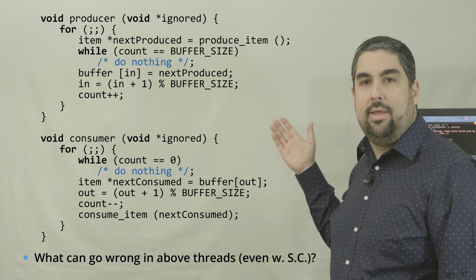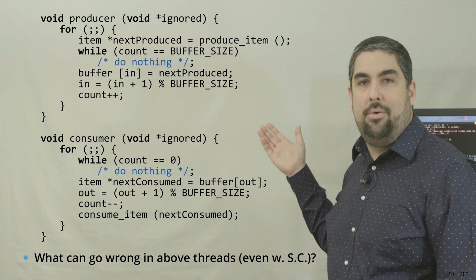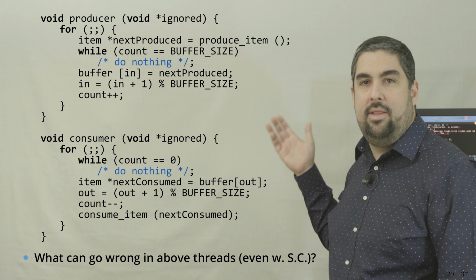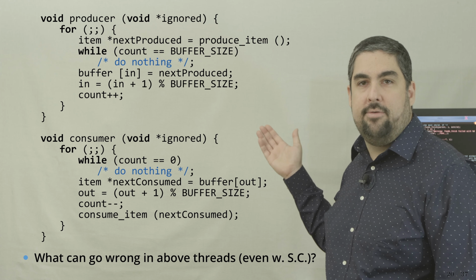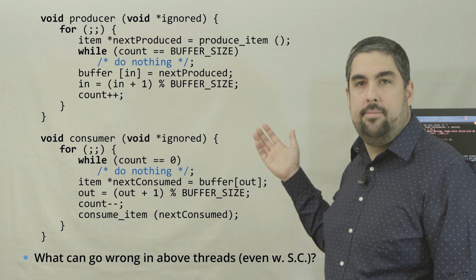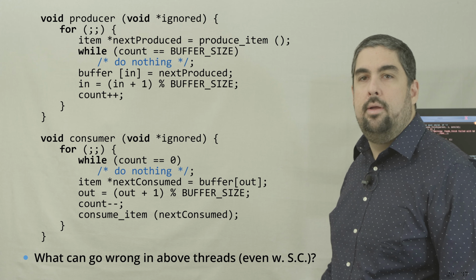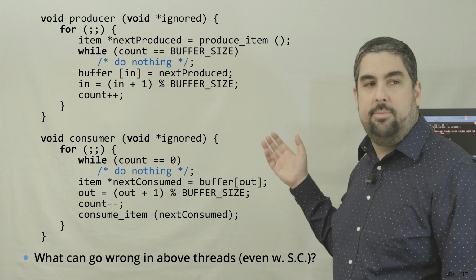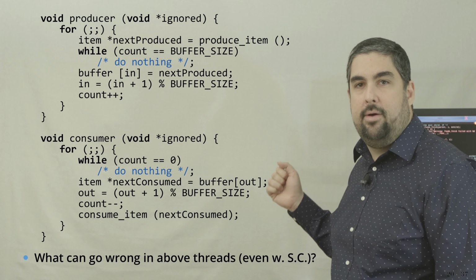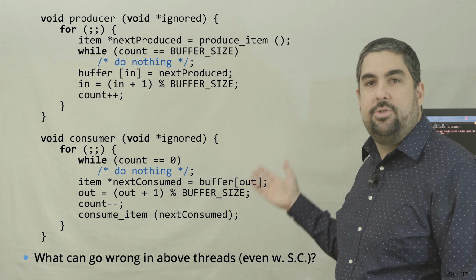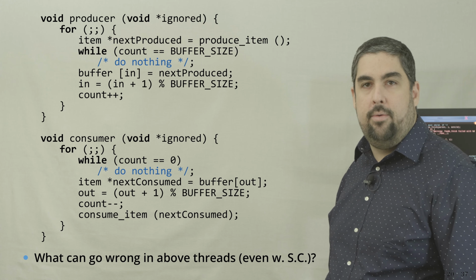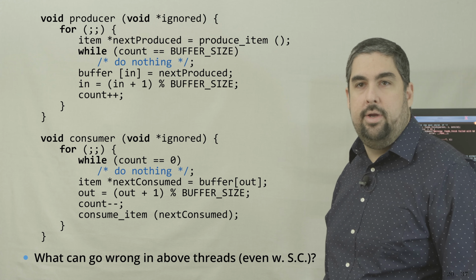So you call while count, the compiler caches count in a register and reads from the register 0, and it assumes that the while loop is stuck there forever. All of these things can happen because of all the optimizations that are possible in the hardware and software that we talked about. So we need some solution to communicate correctly our intent to the language and to the hardware underneath.